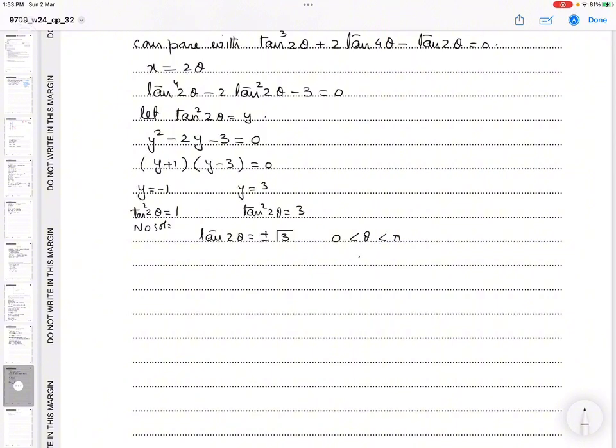If I multiply theta by 2, I have to multiply both sides by 2, so my limits become from 0 to 2 pi. Now my basic angle for theta is tan inverse of root 3, so my basic angle is pi by 3.